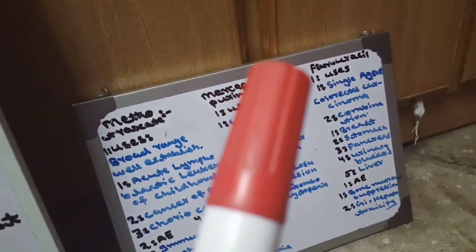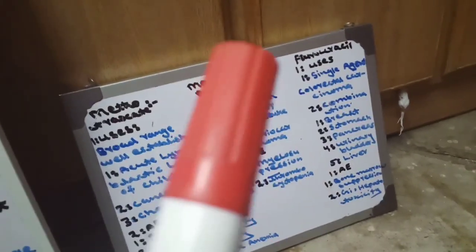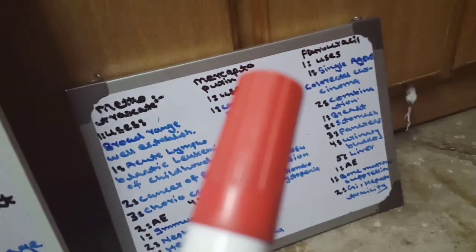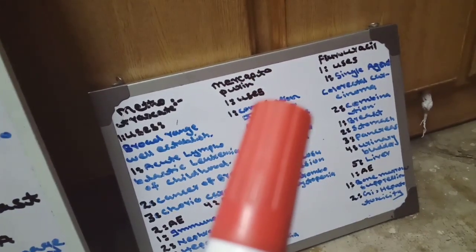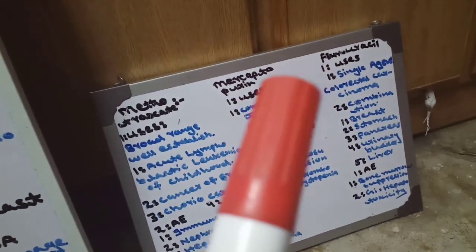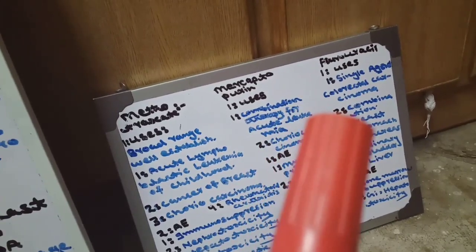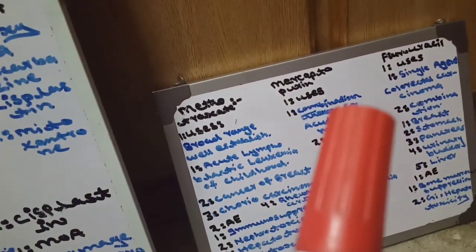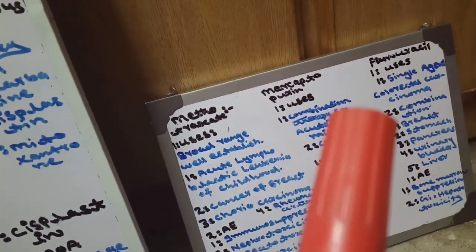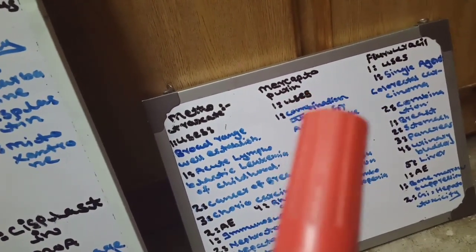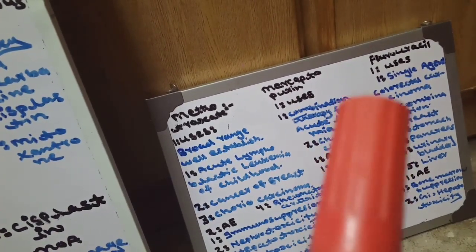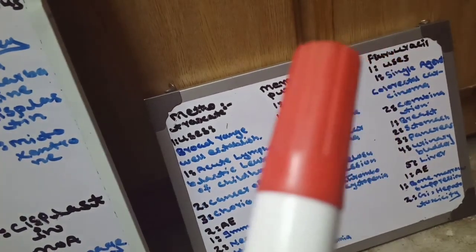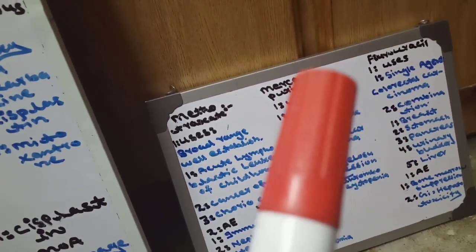Now come to the third drug, fluorouracil, uses and adverse effects. Fluorouracil is used as a single agent, or in combination with other anticancer drugs. As a single agent, fluorouracil is used for colorectal carcinoma, meaning carcinoma of the colon and rectum.